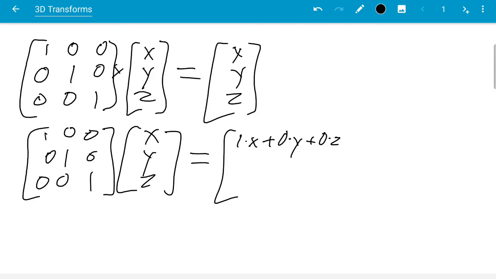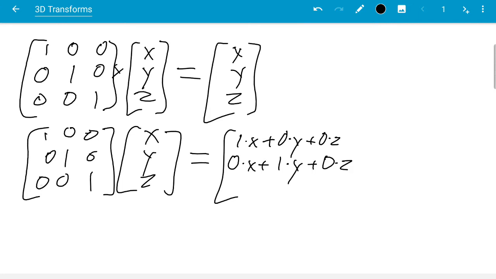Moving down to the next row gives us the next row of our answer. So 0 times x plus 1 times y plus 0 times z, making them all match like that.